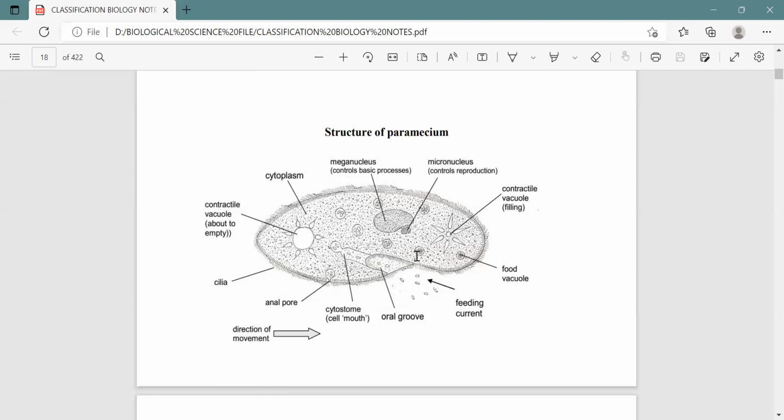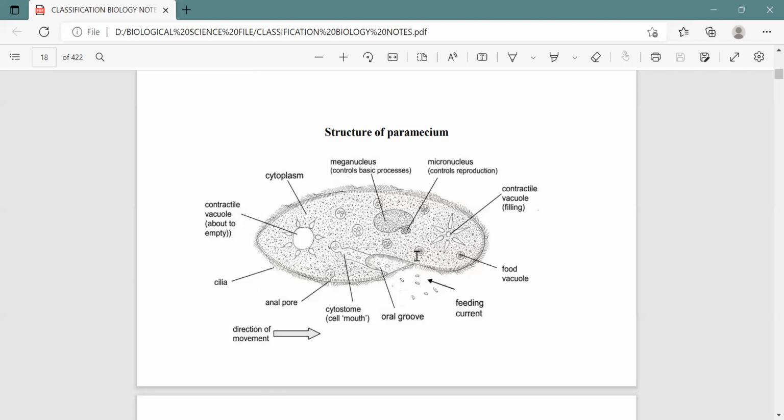That same cell can carry out reproduction by multiple fission using the nuclear material, the nucleus which is there. That cell can carry out excretion using those contractile vacuoles that are there. The single cell can carry out all processes of life, all life processes, metabolic activities.